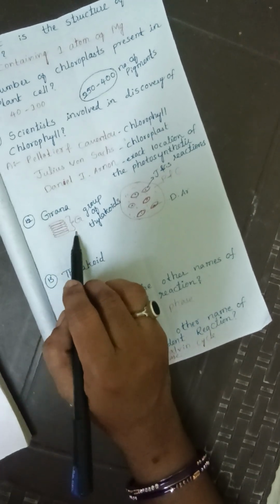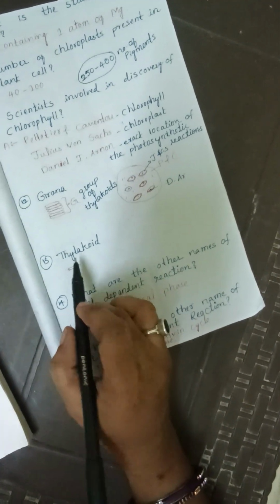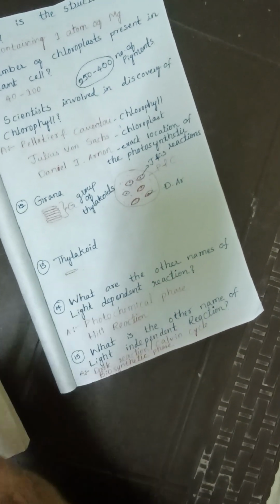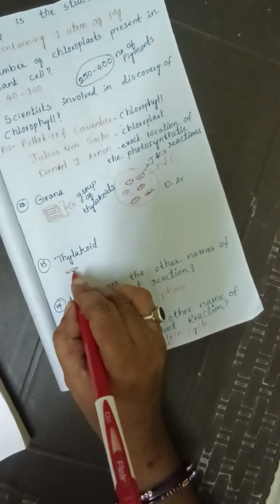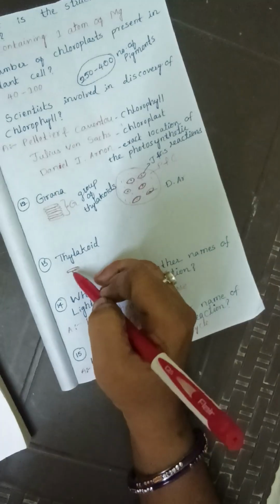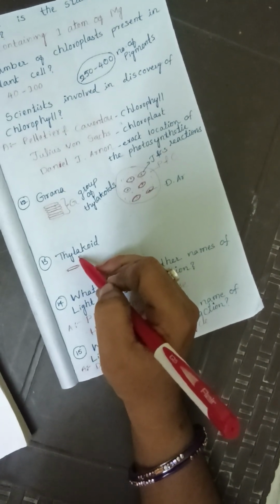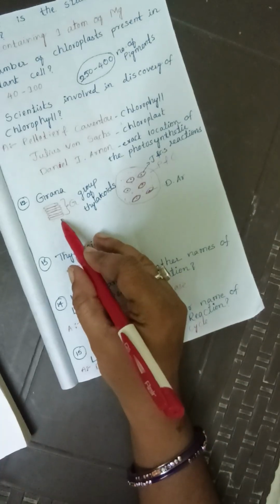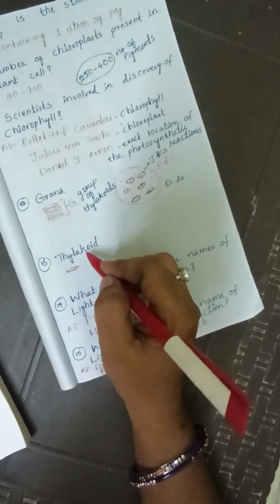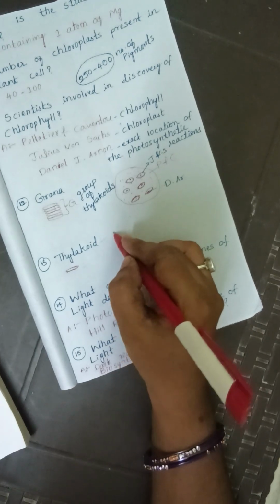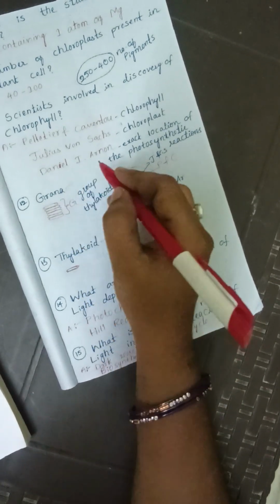That group of thylakoids is known as the grana. One single thylakoid is a thylakoid, and a group of thylakoids is known as the grana. So which is the singular and which is the plural? Thylakoid is singular. Grana is plural.